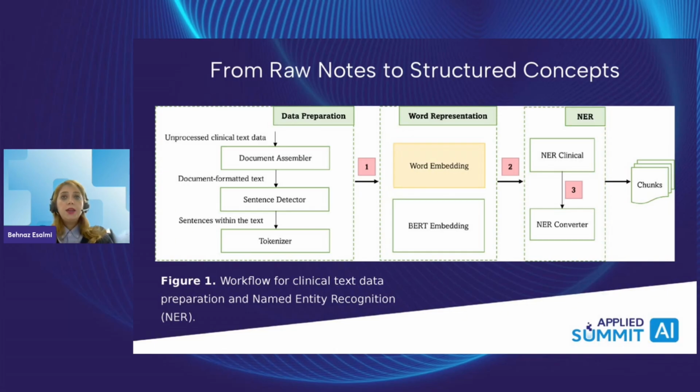Then we apply Spark NLP's NER model to identify entities such as diseases, procedures, and anatomical terms. These identified entities are organized into chunks, essentially the text segments that form the foundation for further concept mapping. So, we move from messy narrative text to structured concept candidates ready for LLM reasoning.